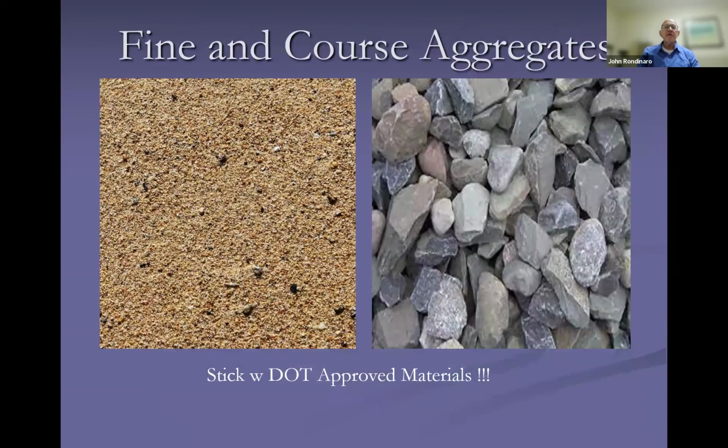In terms of our fine and coarse aggregates, the key here is to stick with your DOT approved aggregates. If you do that, you know that they go through a rigorous quality assurance process, so you're going to get aggregates that are clean, that have the appropriate durability, all those things you need out of your aggregates in a blacktop mix.